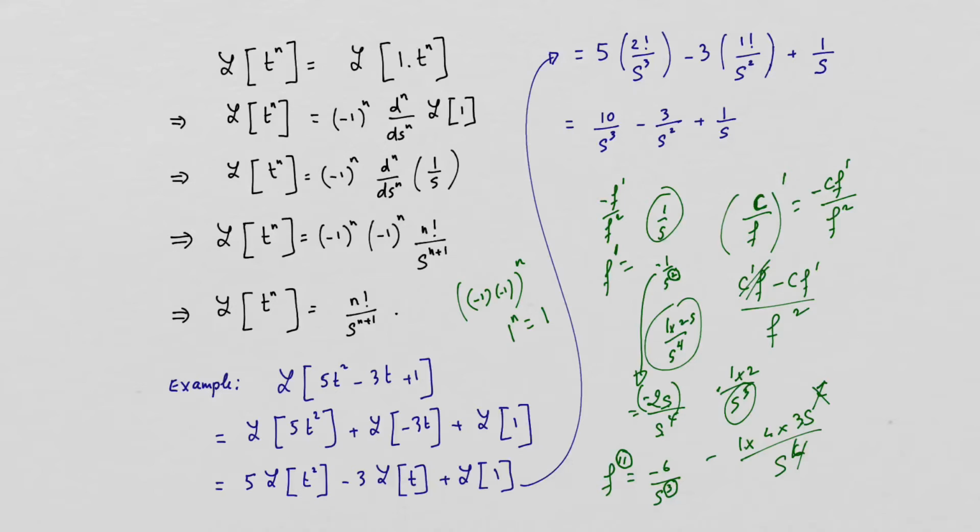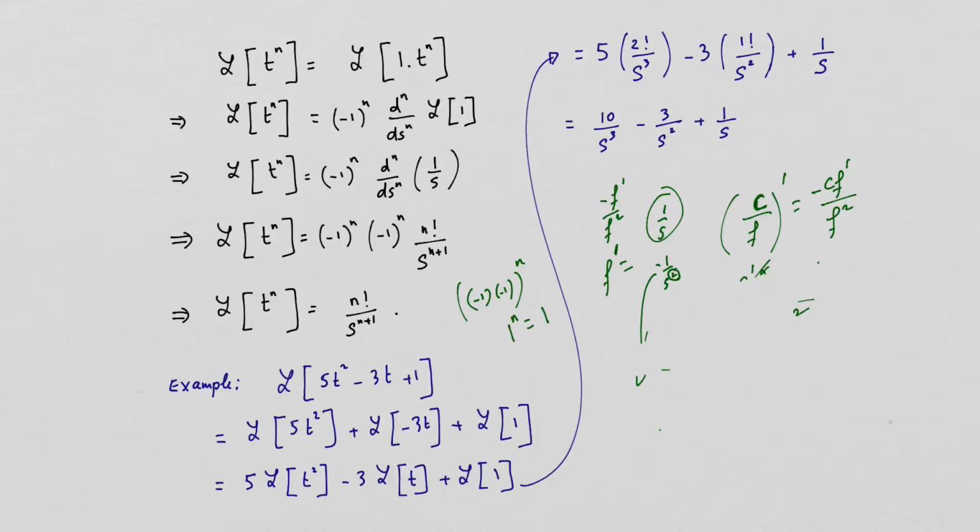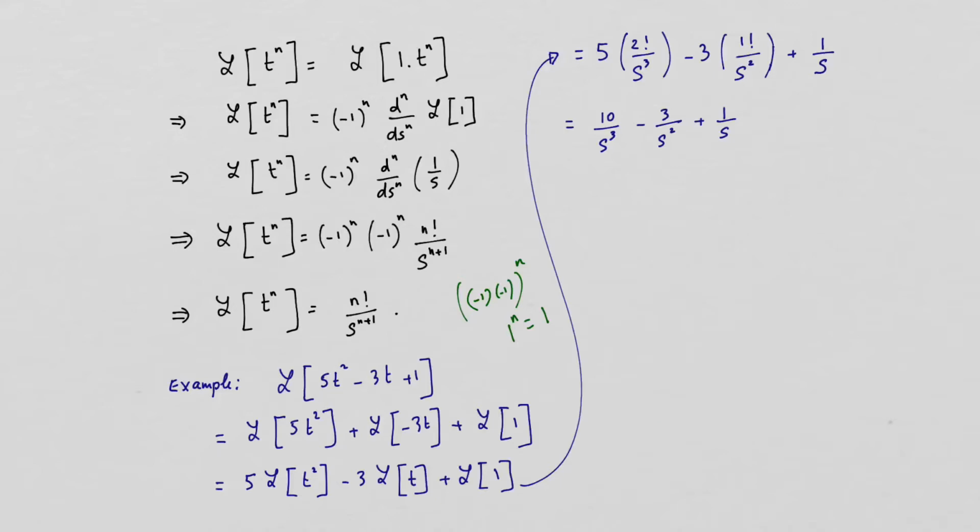Is 1 to the n always 1? The answer is yes, so long as n is finite. So if n is infinite, 1 to the n is not 1. It's an undefined expression. So if I say to you, what's the limit as n goes to infinity of 1 to the n, this is undefined.